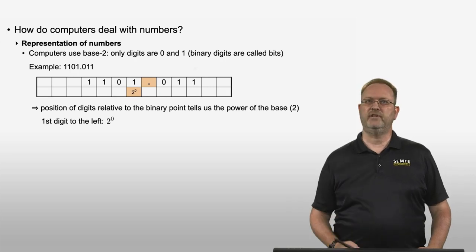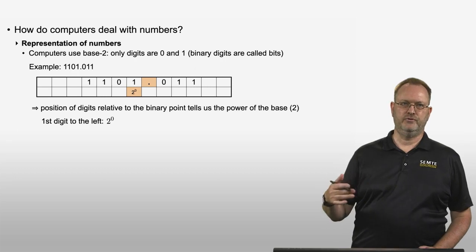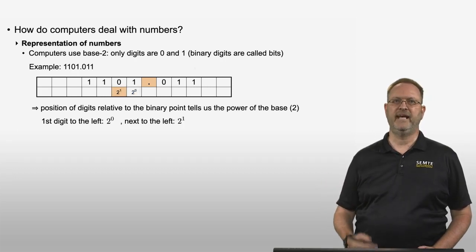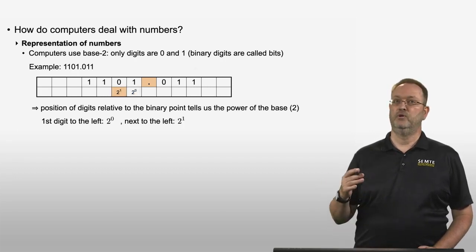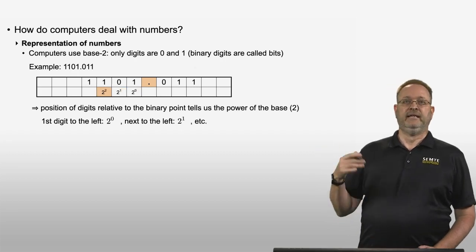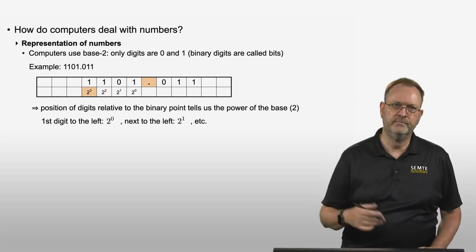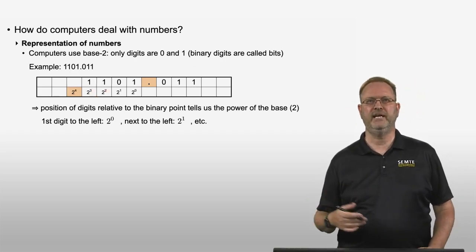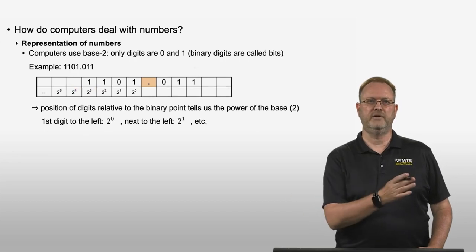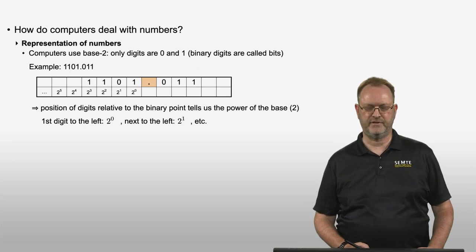So the first digit to the left is the 0th power of the base, so 2 to the power 0. The next digit to the left would increase the exponent by 1, so 2 to the power 1. The next digit over would be 2 to the power 2. Then comes 2 to the power 3, and so on. We always increase the exponent by 1 when we go over to the left.